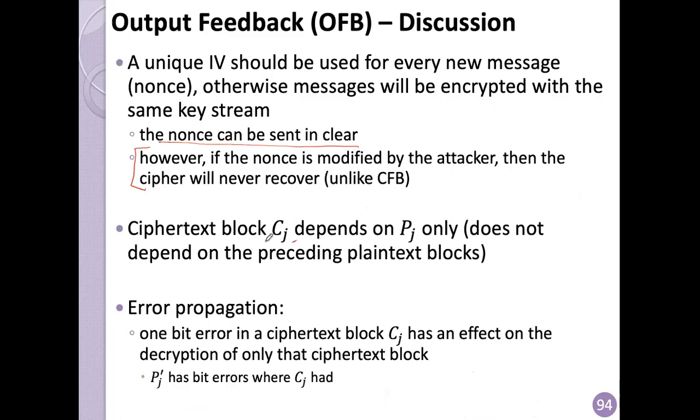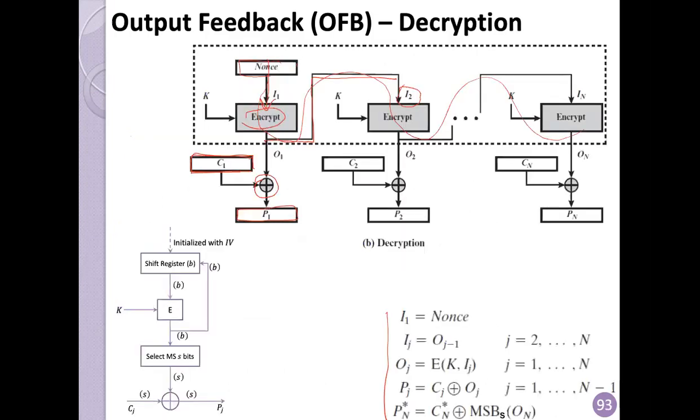And ciphertext J depends on plain text J only, does not depend on the preceding plain text block. And in terms of error propagation, a 1-bit error in the ciphertext has an effect on the decryption of only that ciphertext block. If something in the ciphertext goes wrong, we only have error in the same bit position of the plain text, only in that block.